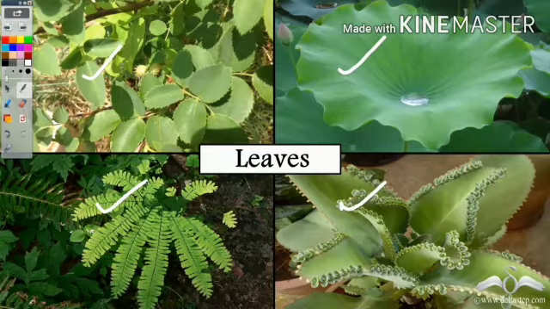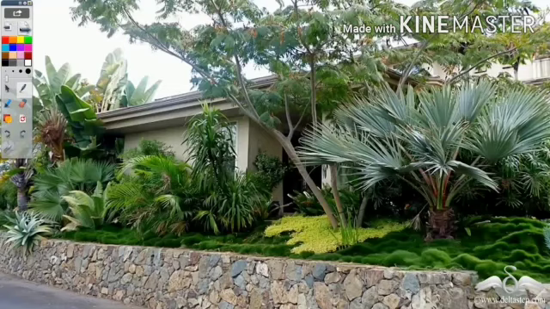Not really, but you will be surprised to know that all these 4 pictures are of the leaves of different plants. So, different plants have different kinds of leaves. Let's see what the different kinds of leaves are that we find around us.